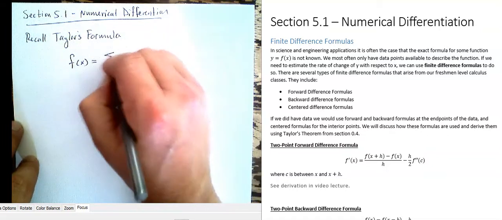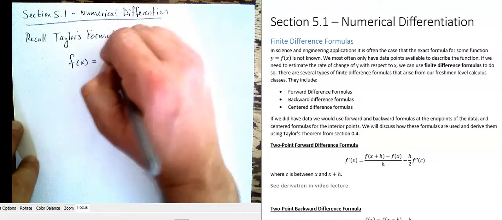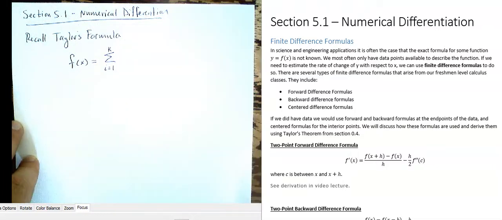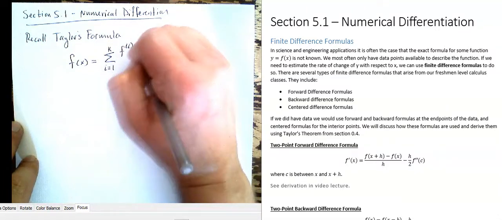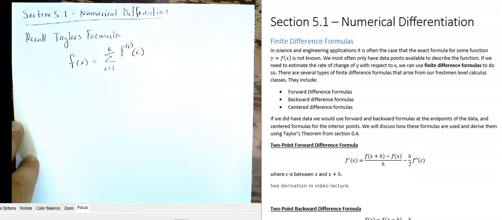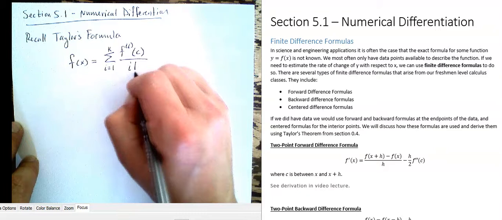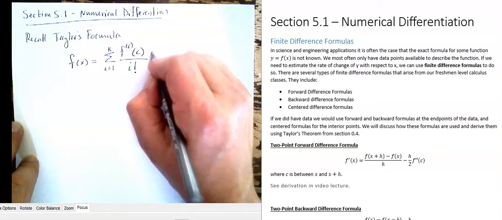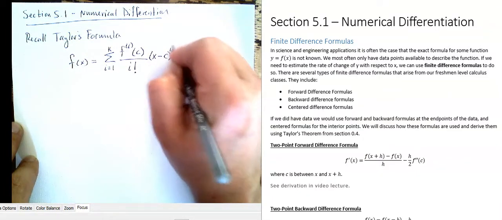That formula was sigma i goes from 0 to, let's say, k, of the ith derivative evaluated at some c, divided by i factorial, times x minus c to the i.